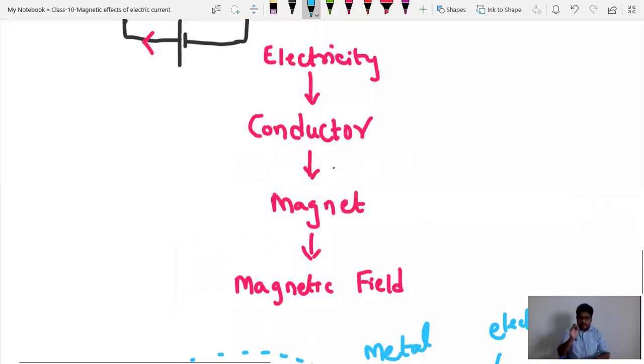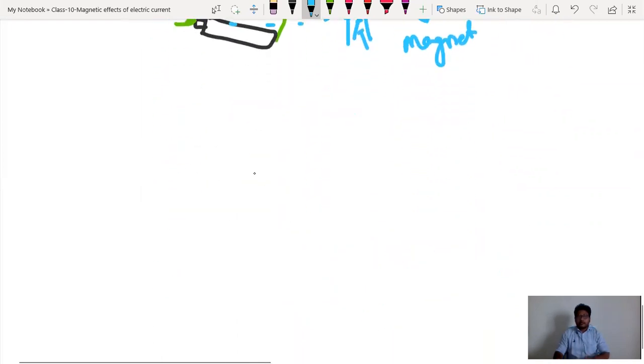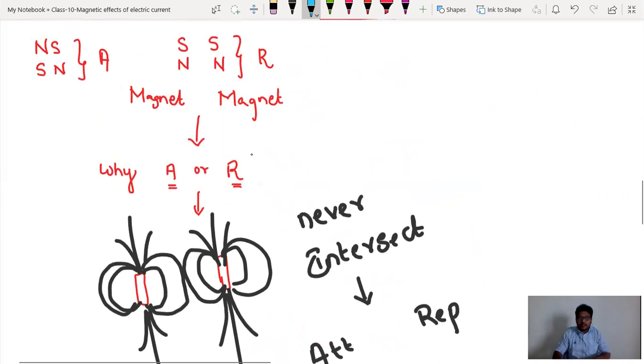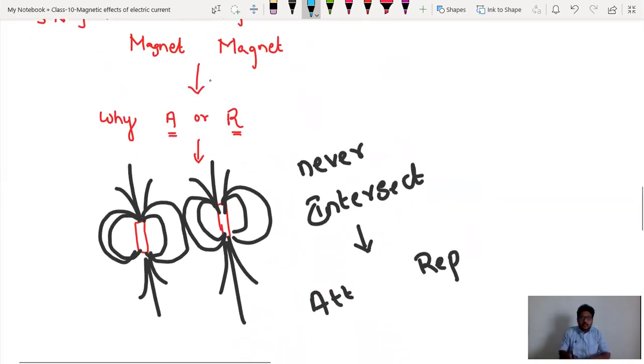If you pass electricity to a conductor, the conductor behaves like a magnet. When it is behaving like a magnet, automatically there will be a magnetic field around it. Next, this is one flowchart you need to understand, and this is one concept you need to understand. If you place one magnet near another magnet, there will be attraction or repulsion. That is the second concept you need to understand.